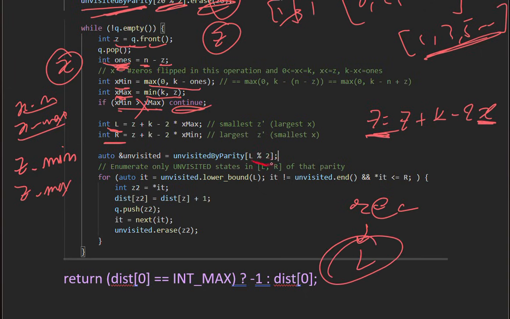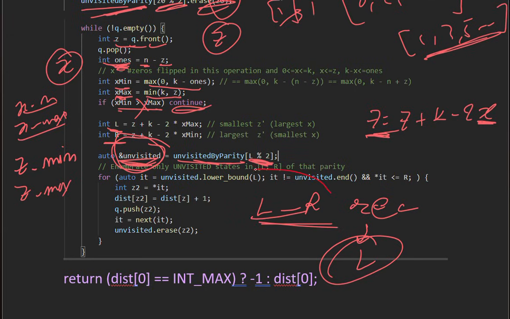So we'll be checking the parity of L in the unvisited by parity, and storing all the unvisited states. We are taking all the unvisited states, and then we are checking whether these unvisited states are present between L and R, right?